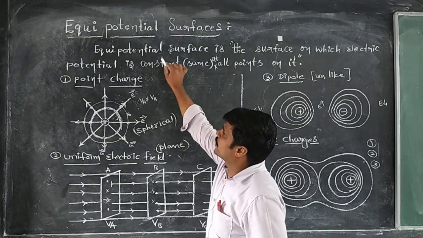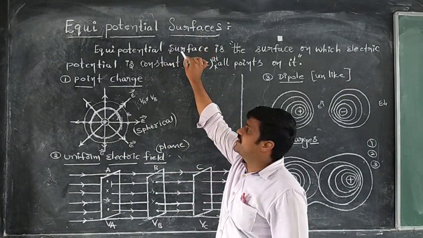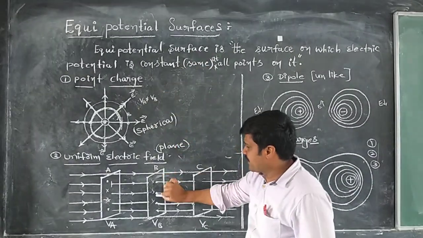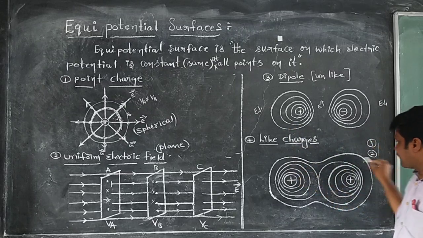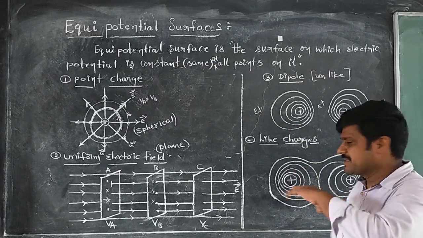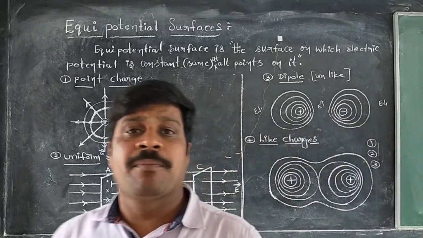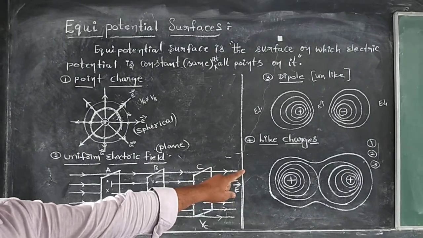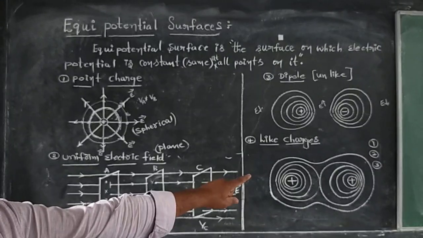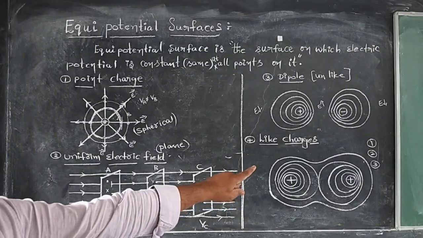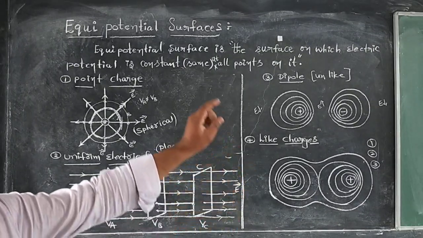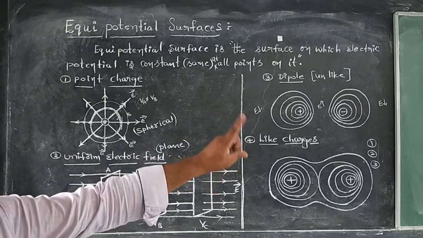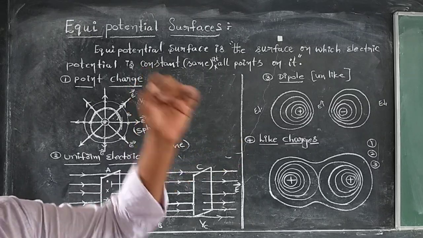Now first you write the definition of equipotential surfaces. Thereafter, in different cases, you draw the diagram. Afterwards, put the heading: important points about the equipotential surface. First point: no work is required to move the charge from one point to another point on the equipotential surface, or the work done to move a unit positive charge from one point to another on the equipotential surface is 0.